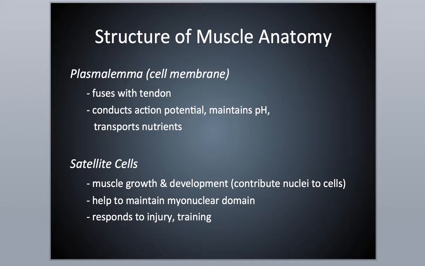These satellite cells become activated, and they will help build the muscle fibers back up. They'll either give a muscle fiber a new nucleus, so they can build the cell bigger and add some of its material, or it can actually branch off and create its own cell. And those are two different types of muscular growth.